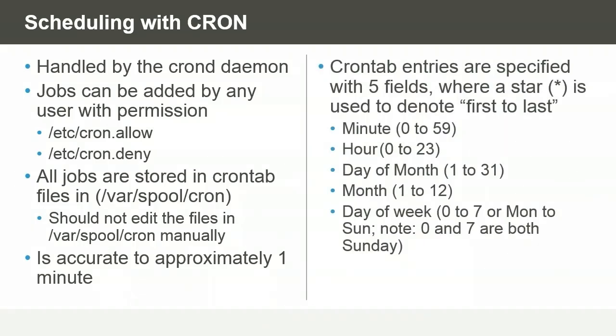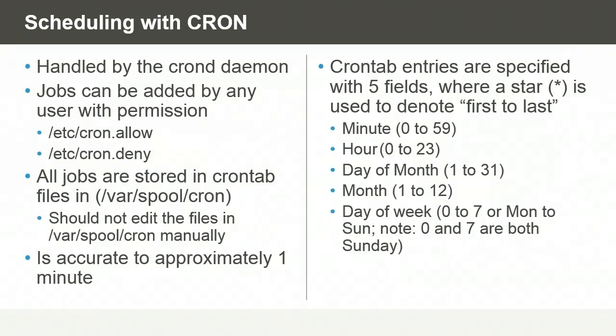Crontab entries are specified in a text file with 5 fields starting from left to right. On the left, we've got the minute, followed by the hour, the day of the month, the month, and the day of the week. Now, the day of the week can be used numerically. For example, 0 we could reference as Sunday, or we could put in sun for Sunday.